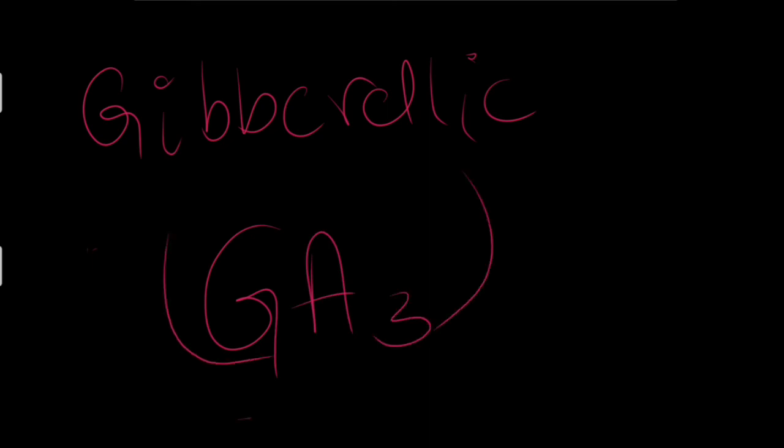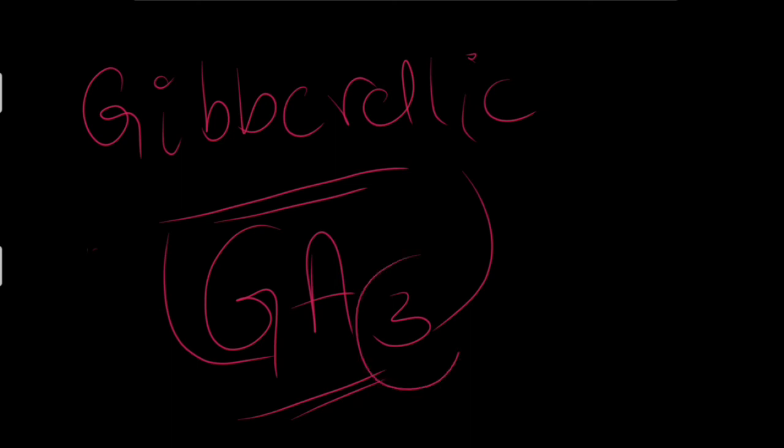These were named GA1, GA2, GA3, GA4, like that up to GA100. GA3 is the most common one present in plants, and interestingly, this was the first one discovered.